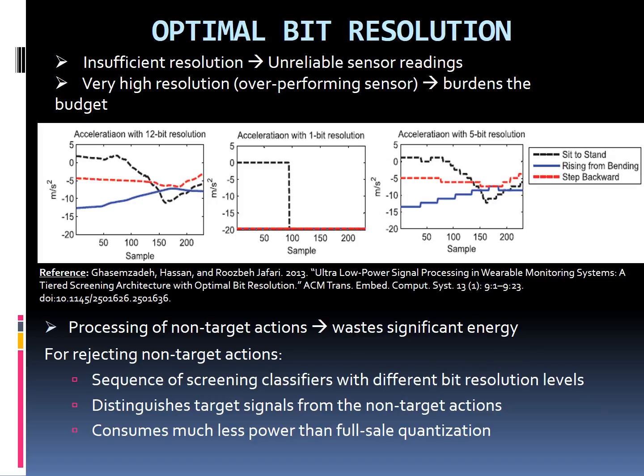Therefore, an incoming signal can be reliably classified as either target or non-target signals after passing through a sequence of low to high bit resolution classifiers. This consumes a lot less power than using all classifiers with full scale quantization as shown in the graph on the left side.